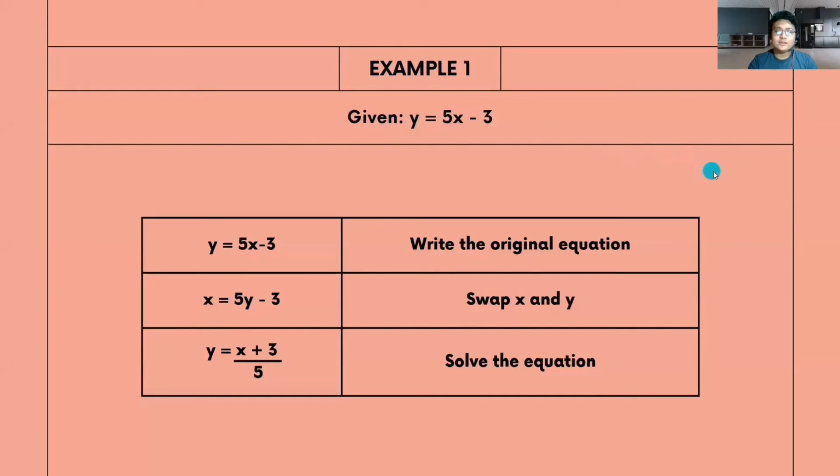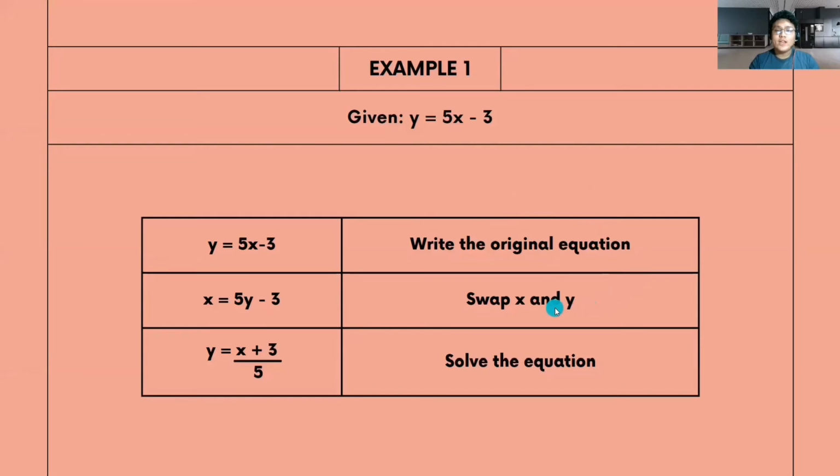Example number 1. Given y equals 5x minus 3, find the equation for the inverse of our given. First, we will write the original equation, and then we will swap the variables.